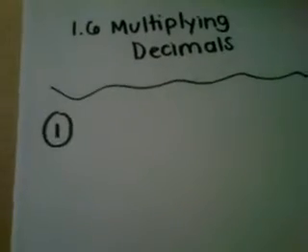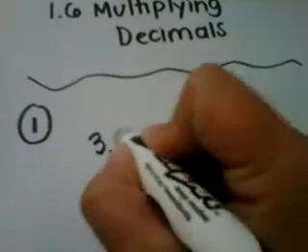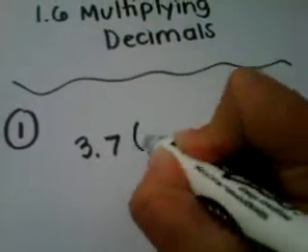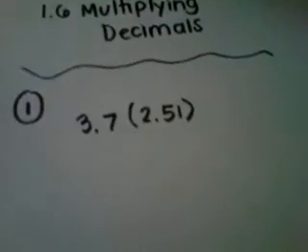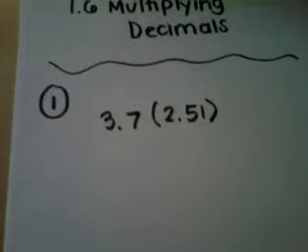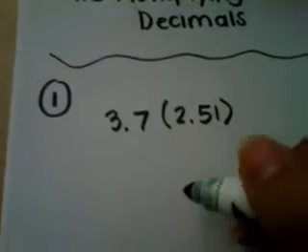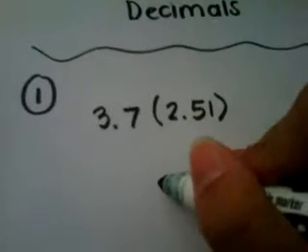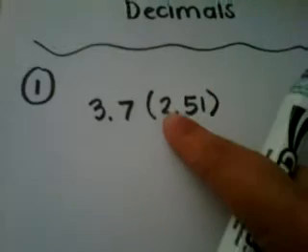Today we're going to start with first an example that's just positives. Here I have 3 and 7/10 times 2 and 51/100. When I'm multiplying decimals, I do not need to line up the decimals because we're not adding place values, we're multiplying them. But I do want to stack the number with more digits on top.